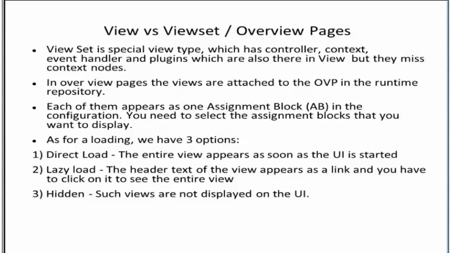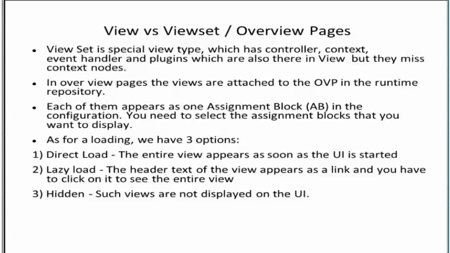This is again done in the runtime repository editor. So all the views which are assigned to this particular view area will come as assignment blocks on the screen. And we also have options which you can select to load these assignment blocks. The three options are direct load, lazy load and hidden. Direct load will open up the view directly, whereas lazy load will open up the view only when you click on the link which will allow you to open.